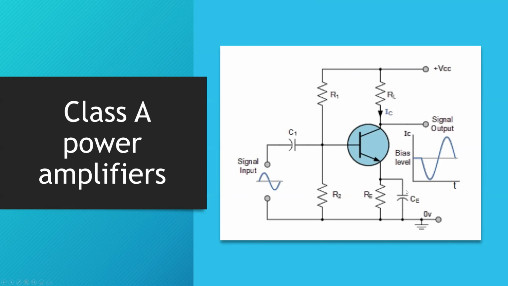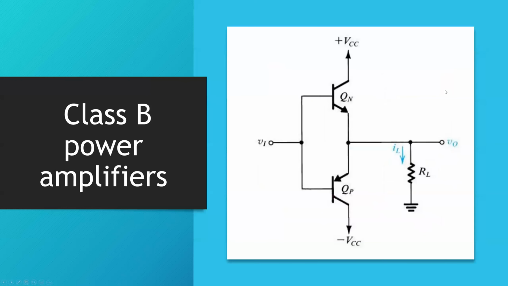But this capacitor is used to bypass the value of RE, thus increasing the gain, since it would act as a short circuit for AC input. Thus, this RE won't affect the voltage gain value. So the gain would be higher. Now, this is the Class A operation.